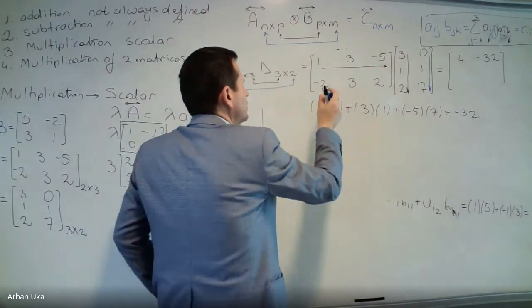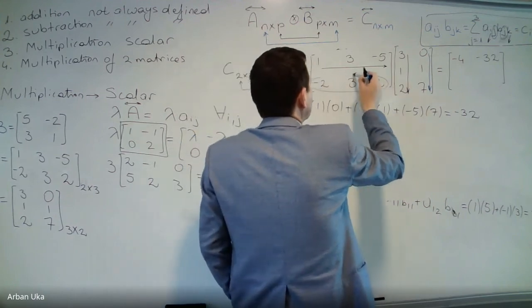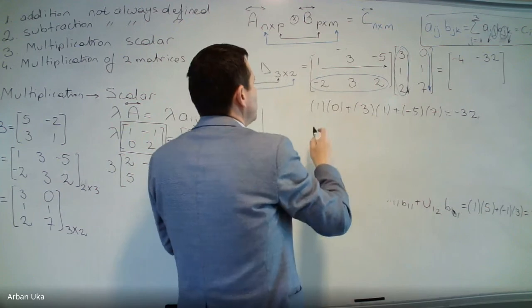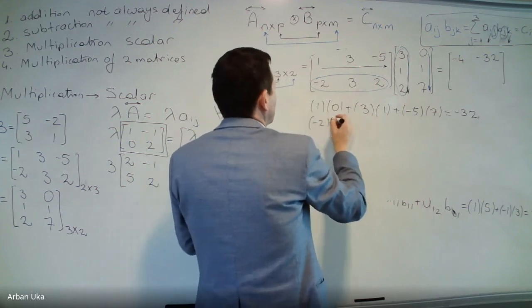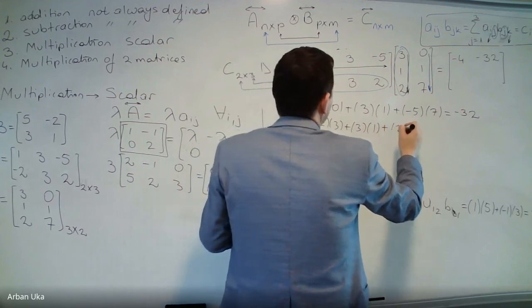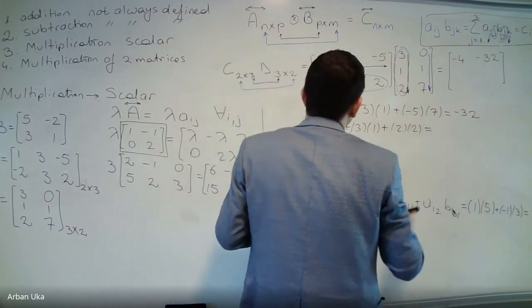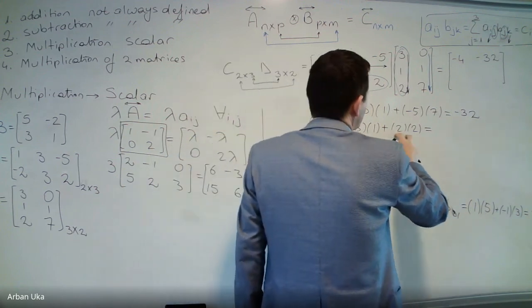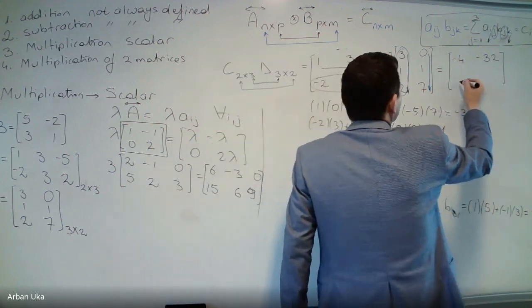Then we have to combine the second row with the first column here. Okay. Then here we get minus 2 times 3 plus 3 times 1 plus 2 times 2. So here we get minus 6 plus 3 minus 3 plus 4, 1. So we got 1.